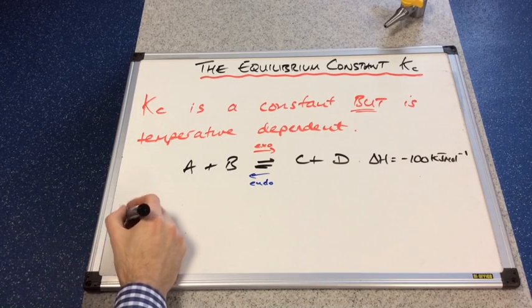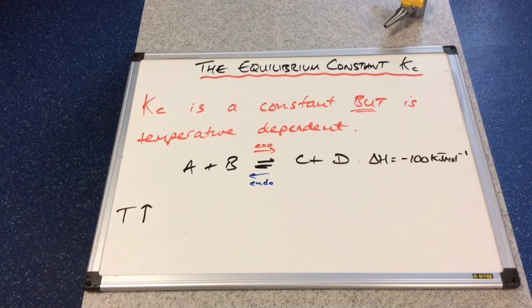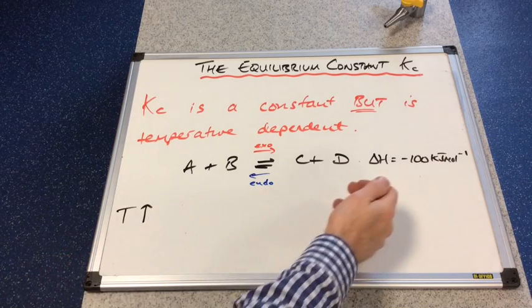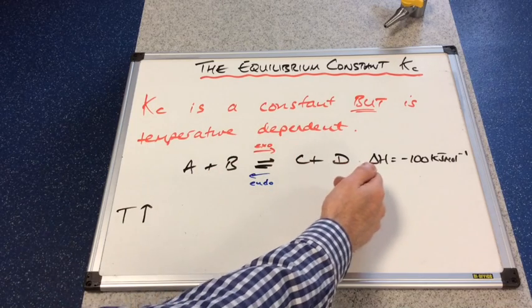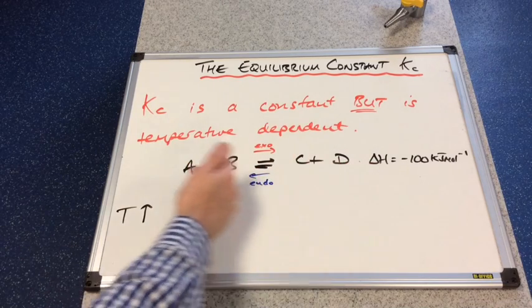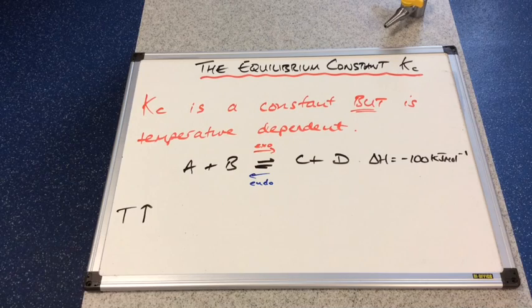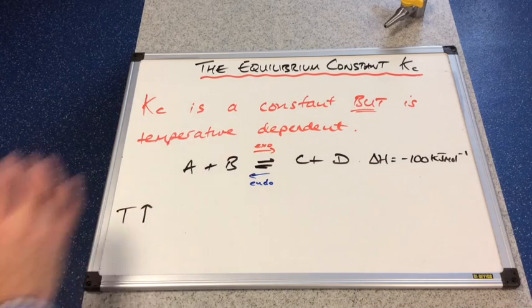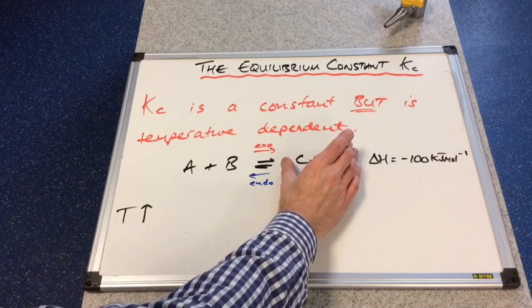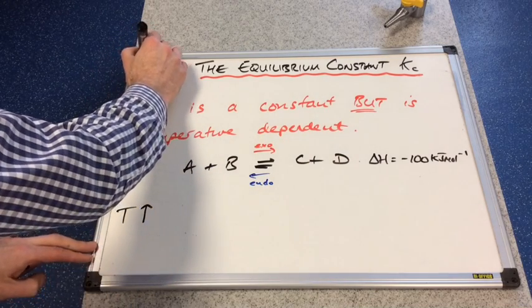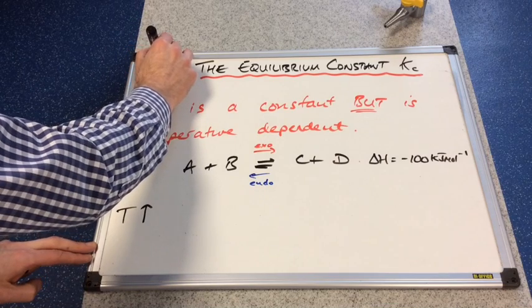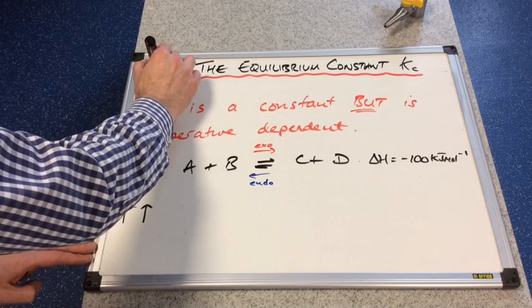So let's suppose we increase the temperature. What's that going to do? Well, an increase in temperature always favours the endothermic direction. So in this case, the equilibrium will shift more into the reverse, or more to the left, and so the concentration of the reactants will increase, the concentration of the products will decrease, and so if you remember, Kc is effectively a measure of products concentration over reactants.